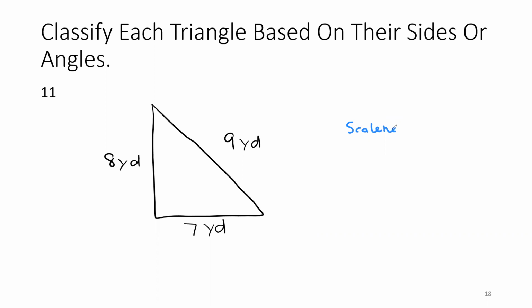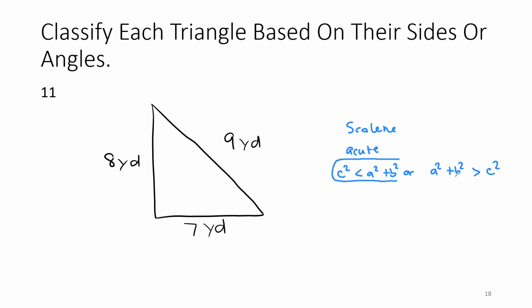Could it be an obtuse? Remember the formulas we went over. They're all different sides, so let's see if it's an acute. The acute rule states c squared is greater than a squared plus b squared, or you could think of it as a squared plus b squared is greater than c squared, because remember this right here is always backwards.